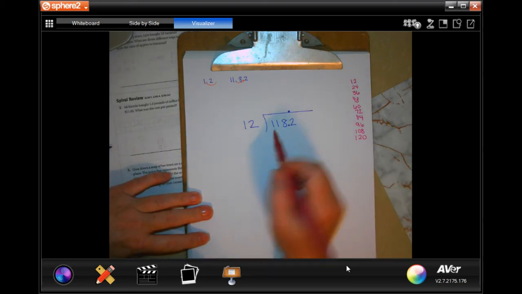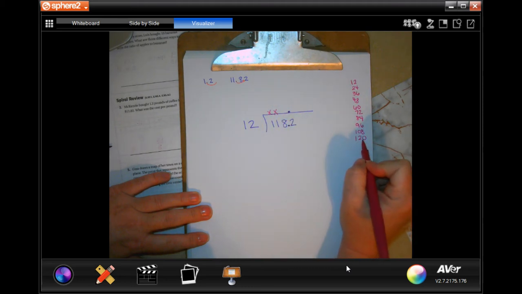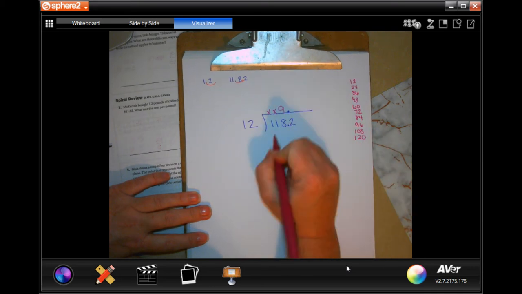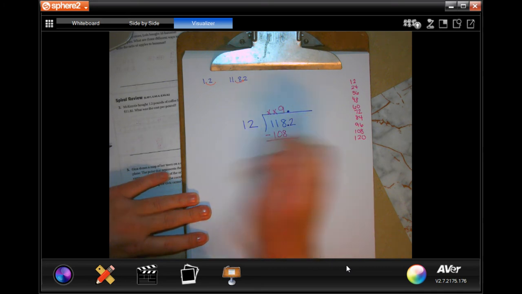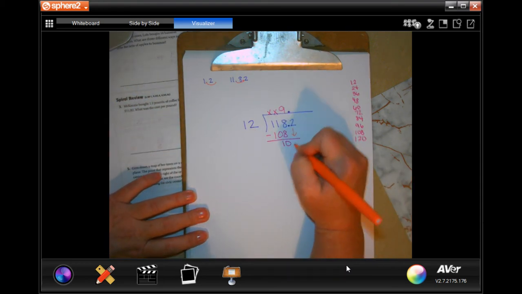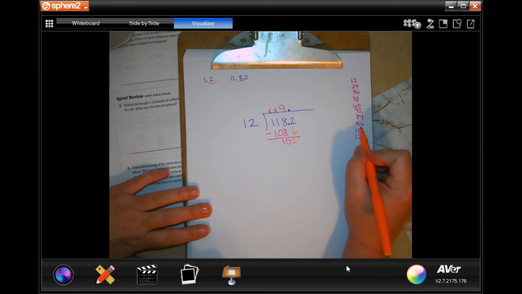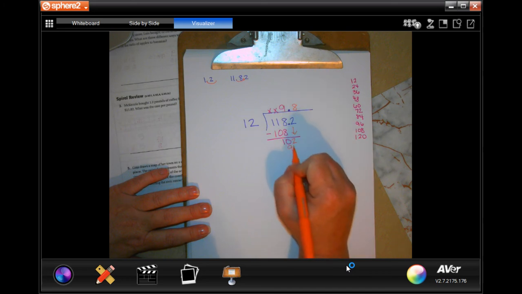12 is not going to go into 1 placeholder. It's not going to go into 11 placeholder. 118, well, 120 is too big, so right here, 108 is 1, 2, 3, 4, 5, 6, 7, 8, 9 times. It was 108. Subtract, and I'm going to get 10. Now 10 is smaller than 12, so I can bring down this 2. Now the closest I'm going to get is 96. I'm going to go 1, 2, 3, 4, 5, 6, 7, 8 times for 96.